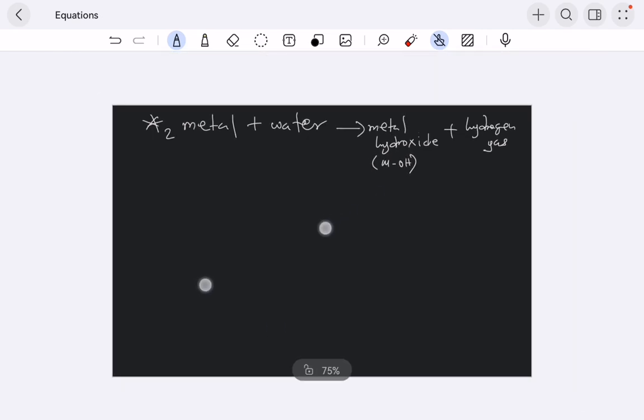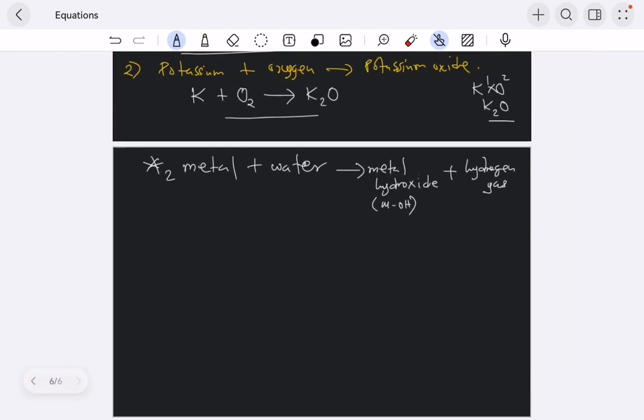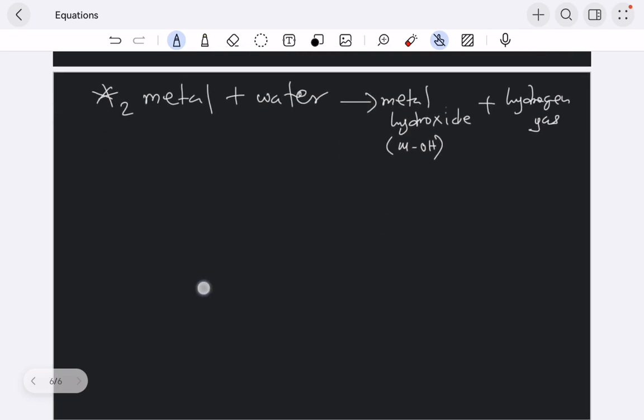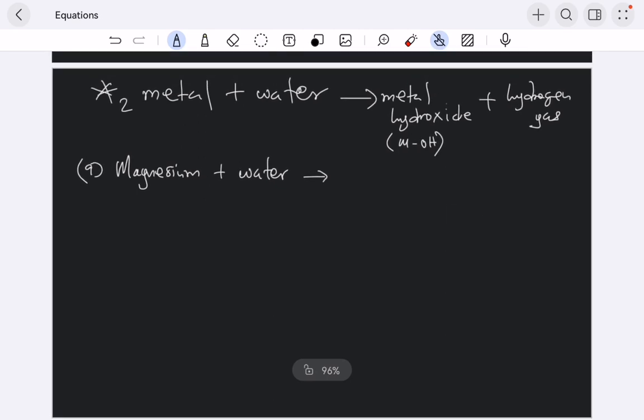We'll use the same example that we looked at in the previous slide. Magnesium combines with water to produce a metal hydroxide. What is the metal? The metal is magnesium, so it's going to be called magnesium hydroxide plus hydrogen gas.